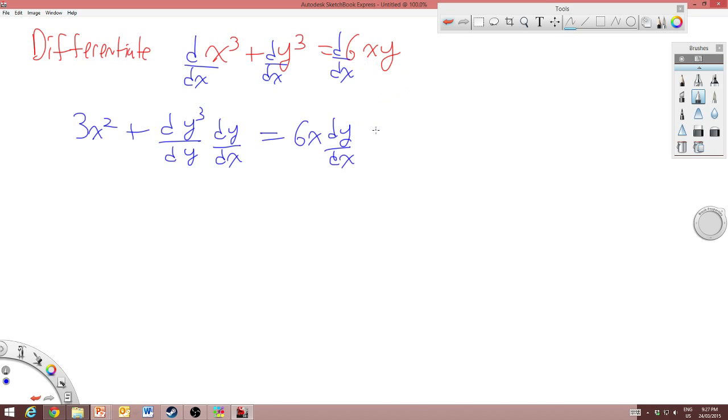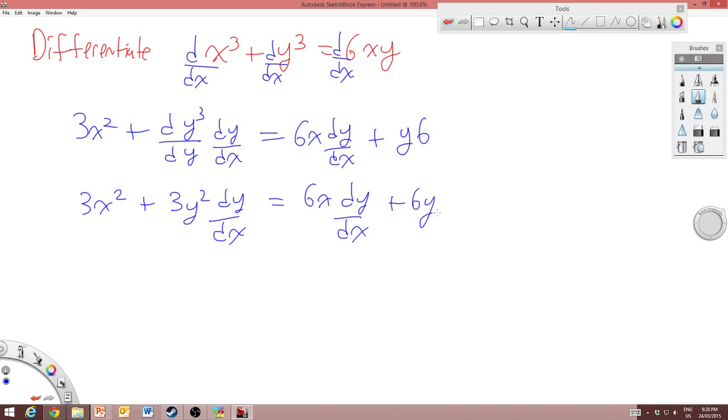And then we add to it y times the derivative of 6x, which is just 6. Okay, so we'll clean up a bit. We want to get the dy/dx's by themselves. So we'll have 3x squared plus 3y squared dy/dx equals 6x dy/dx plus 6y.